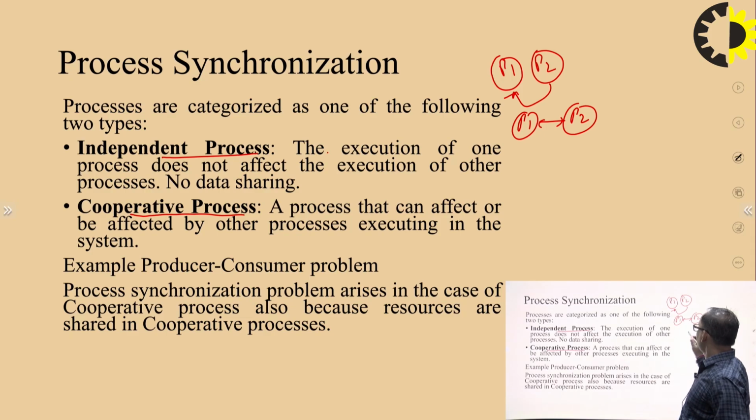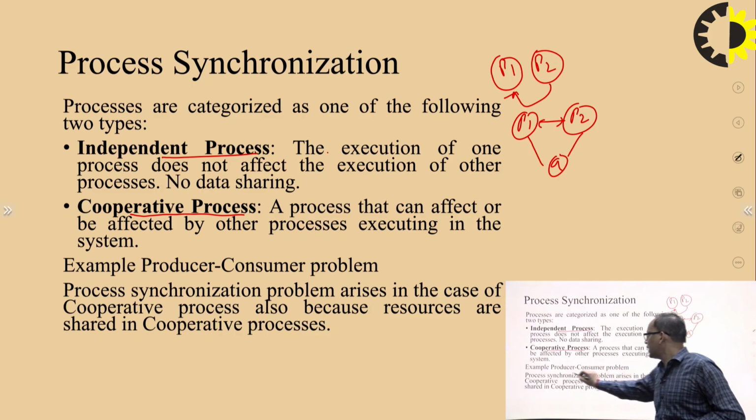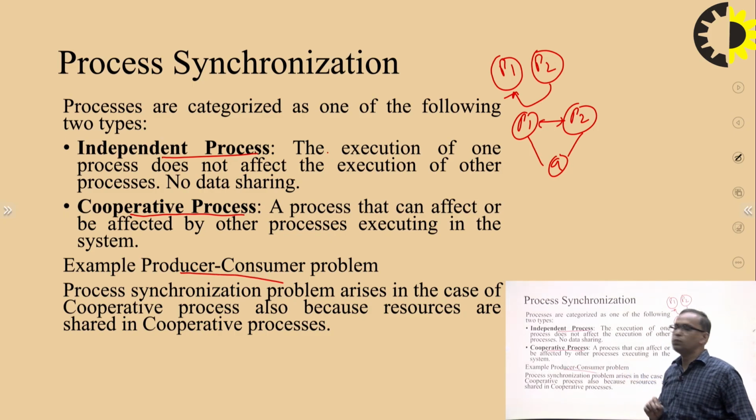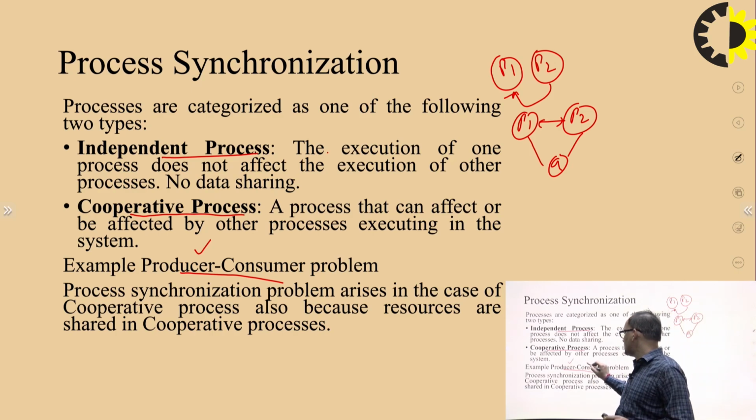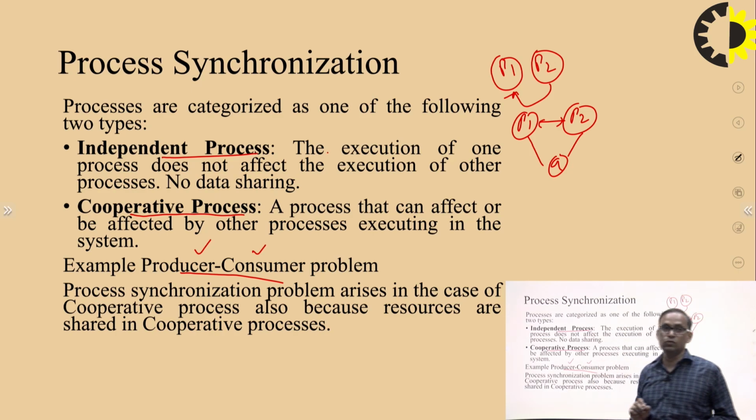Like P1 and P2, if they want to exchange information with each other, or if they share a common variable, then they are cooperative processes, because the working of one is affected by the other. This is the example of the producer consumer problem. In the producer consumer problem, there are two processes: one is the producer, and the second is the consumer, and the consumer process consumes the data items produced by the producer process.